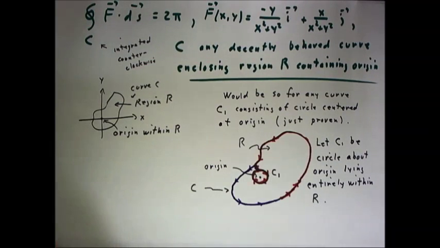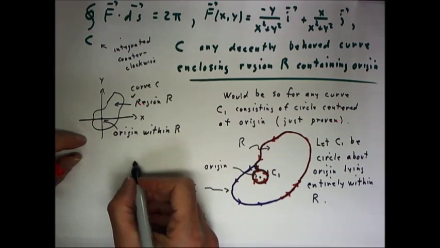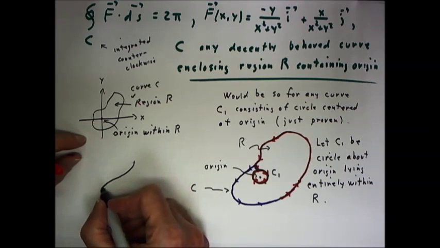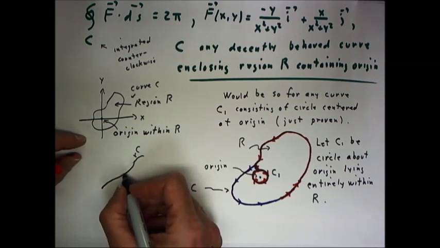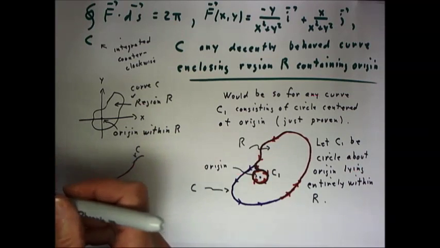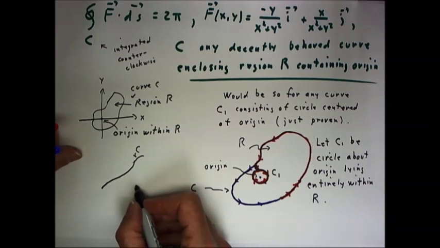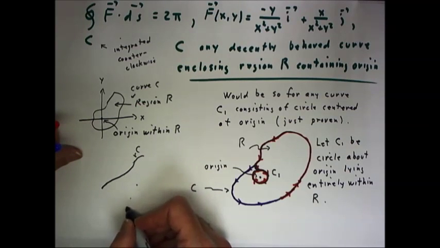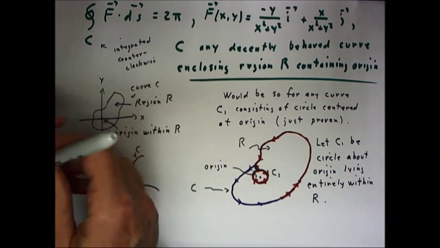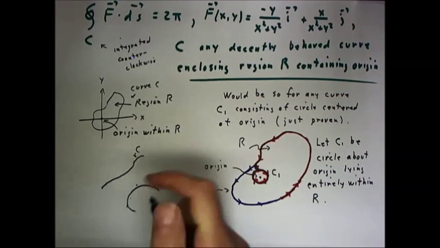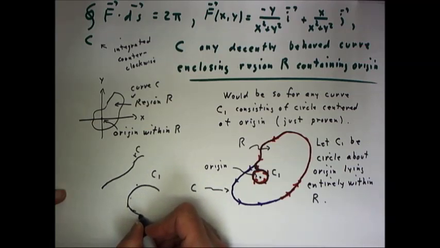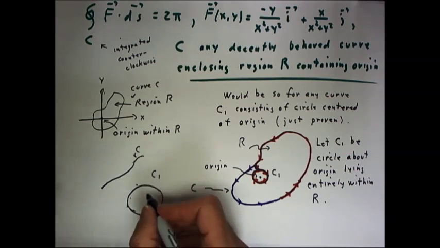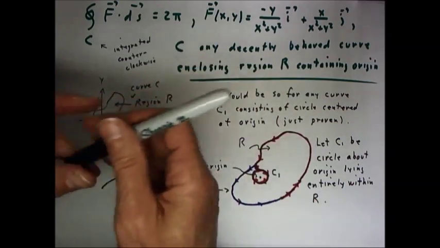Now let's enlarge this little part of our path. We have part of our curve C coming along here, and we have our curve C1 down here. I've only drawn part of each of those curves. Actually, let's go ahead and draw all of C1. It's going to be a really bad looking circle, but let's pretend. Origin here.